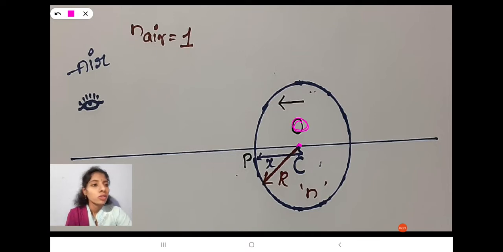So the direction of the object is like this. Here this is the point of pole, P. Now the distance of P to C is known as the radius of curvature. We need to find the object distance, that is from P to O, or P to C we can take.